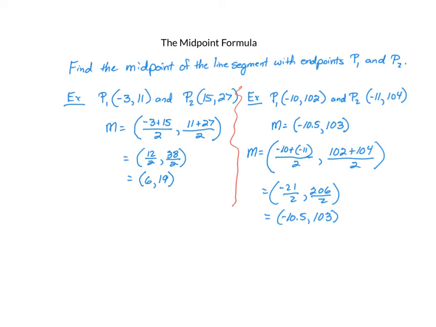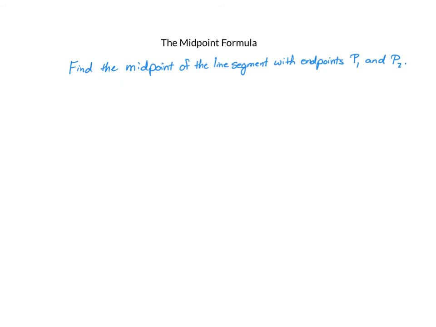Let's do one last problem where the numbers aren't quite as friendly. For this problem, we'll let the endpoints of the line segment be (-10.4, -17.8) and (1.3, -2.3). And our goal, again, is to find the midpoint. Well, on this one, I'm not going to just take a stab at it.